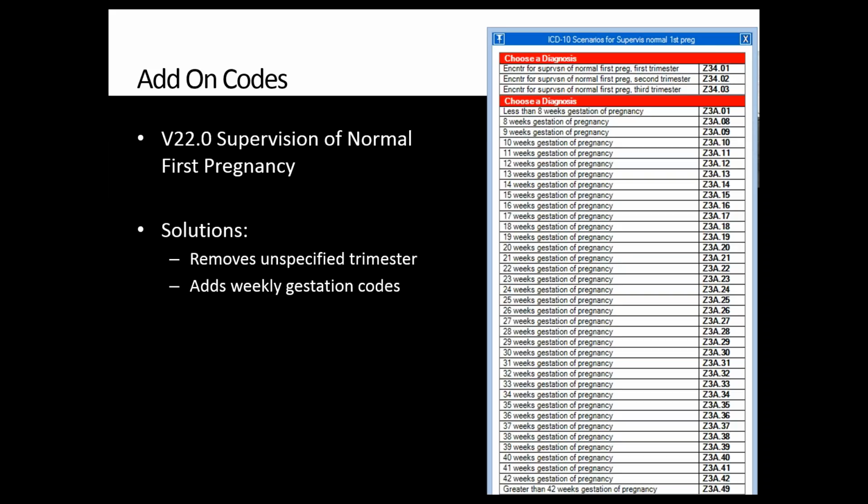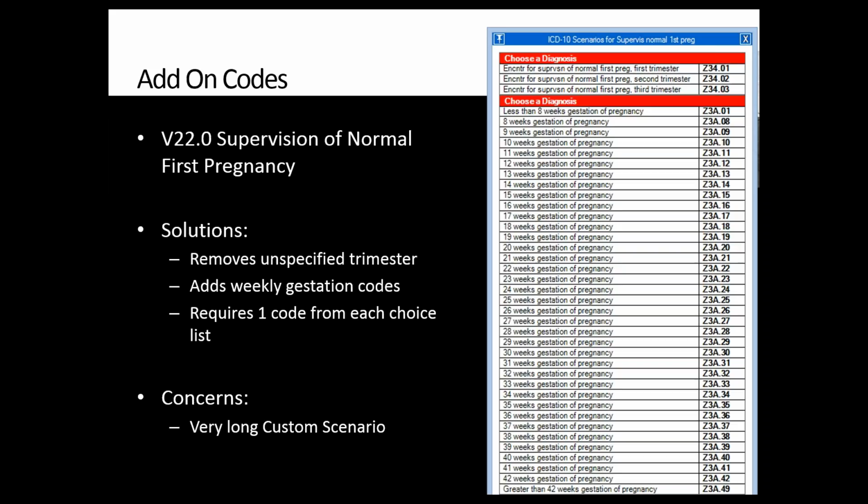Now you'll notice this is just one scenario, okay? It's one scenario that actually has multiple choice lists, meaning one code is required from each list. You've got to choose one of the first 3 codes, and then you also have to choose one of the latter 40 codes.